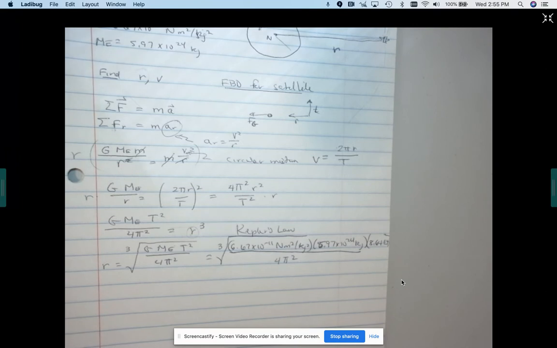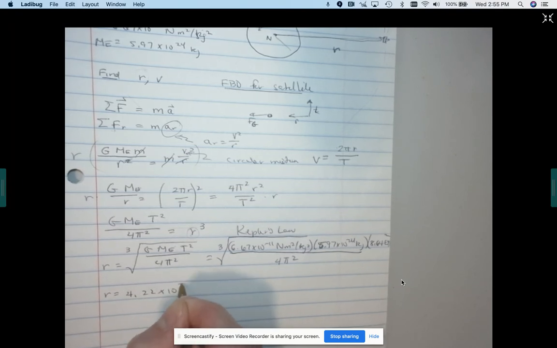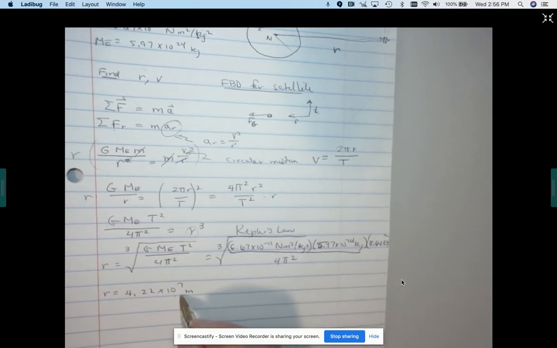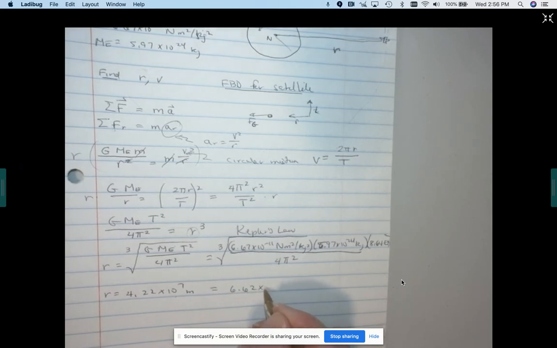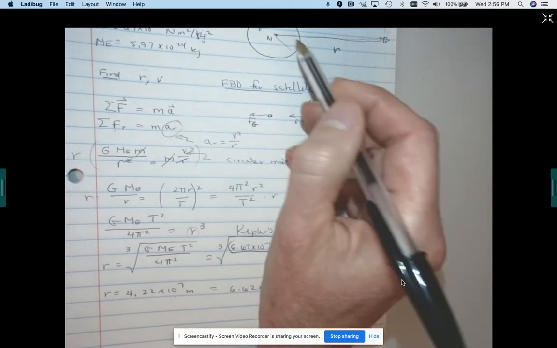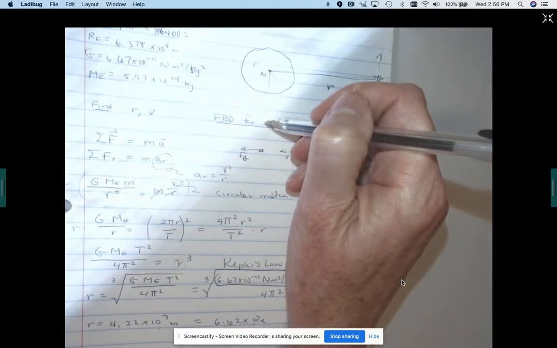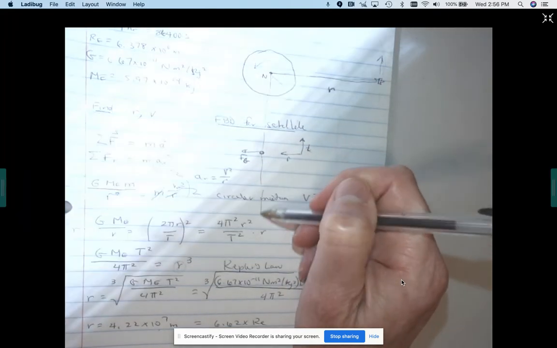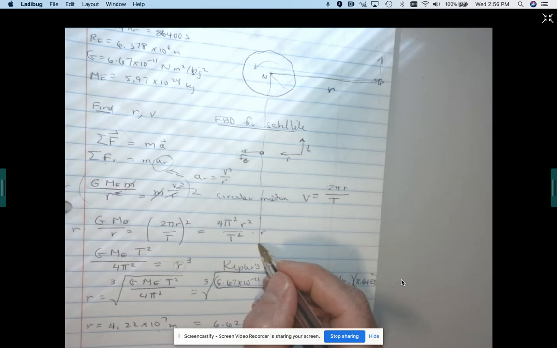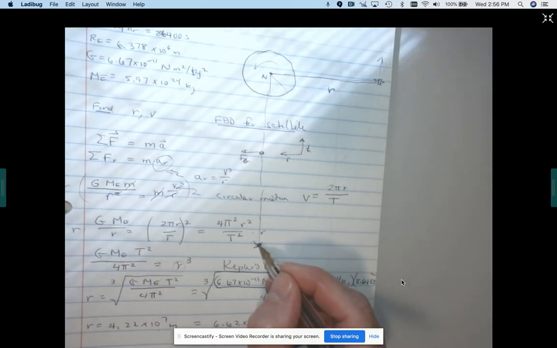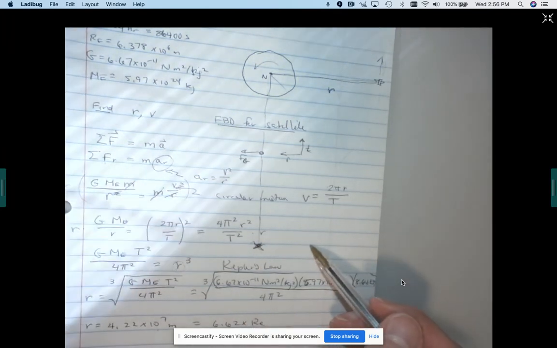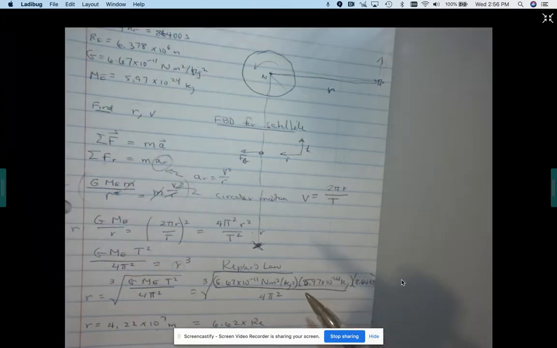Plugging in those values, we get that r equals 4.22 times 10 to the 7 meters. If you divide that by the radius of the Earth, it is equal to 6.62 times the radius of the Earth. I probably didn't draw it far enough away, but if this is 1, 2, 3, 4, 5, 6, in a scale model, that would be the distance of these geosynchronous satellites from the Earth. So they're pretty far out there.